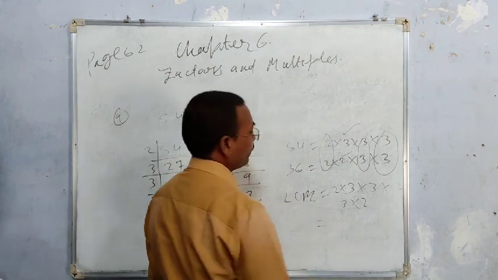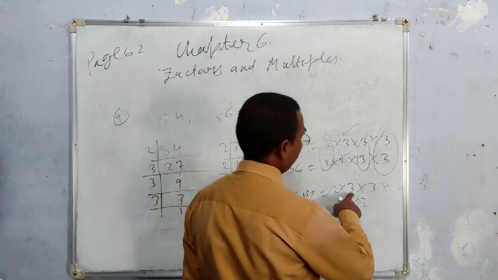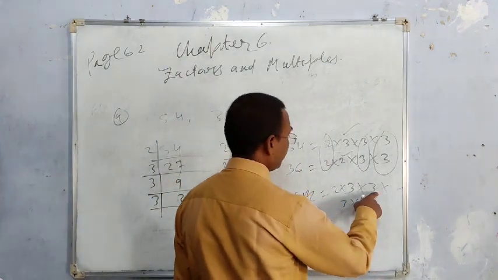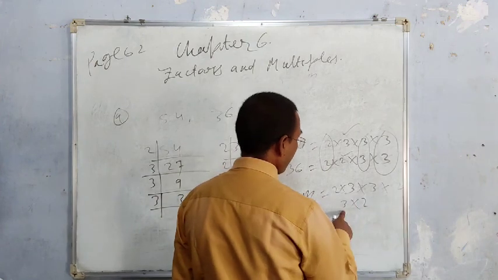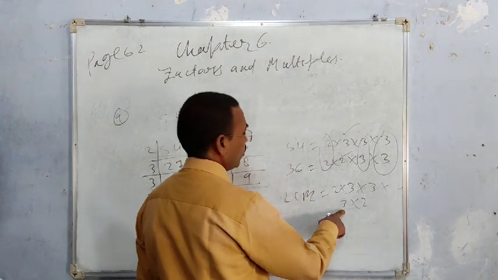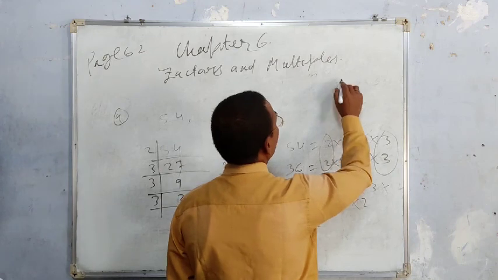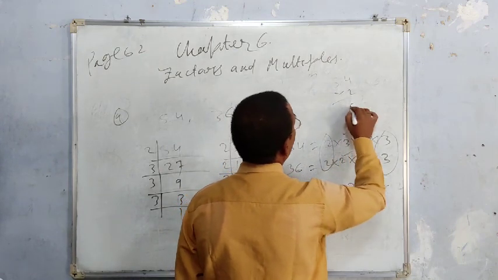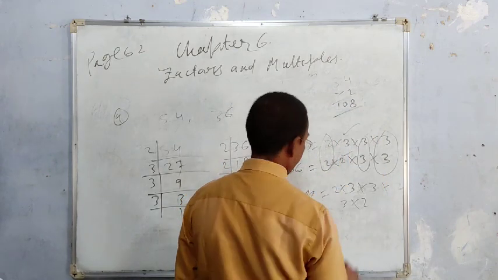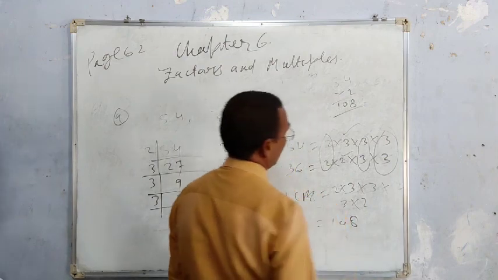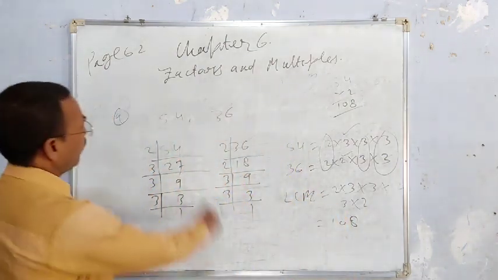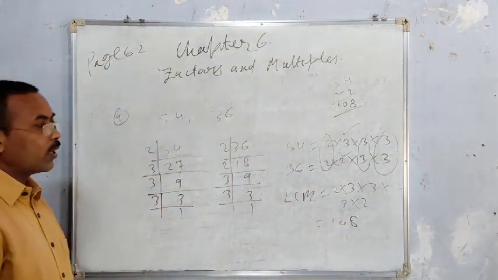Now multiply: 2 3s are 6, 6 3s are 18, 18 3s are 54, 54 multiply 2 is 108. That is, the LCM of 54 and 36 is 108.